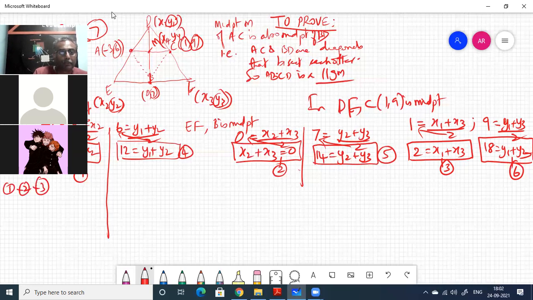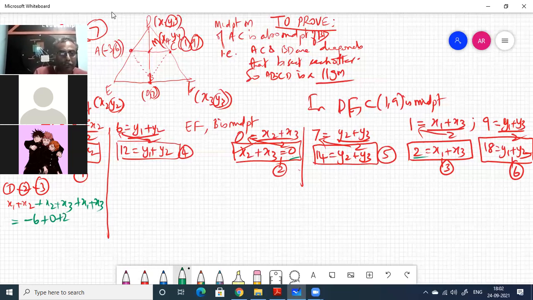That means x1 plus x2, plus x2 plus x3, then again x1 plus x3 is equal to how much? This is minus 6, this is 0, this is 2.